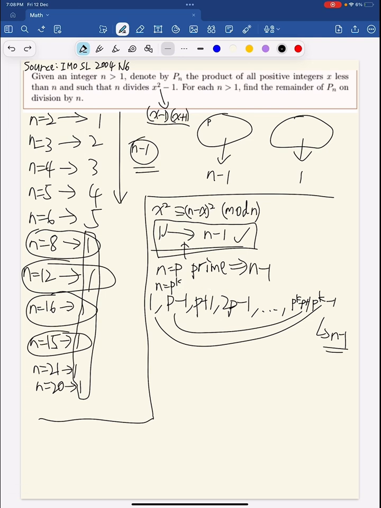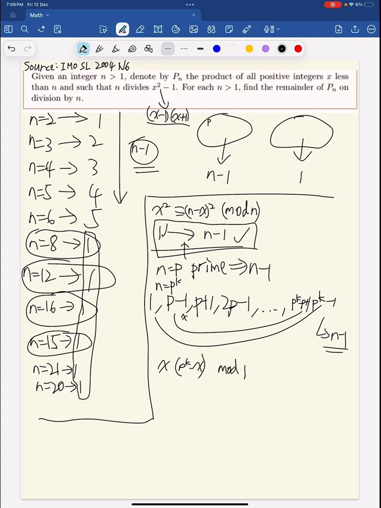Next, let's say p minus 1 is x. Then let's multiply x times p to the k minus x, x, not n, sorry, minus x mod n.